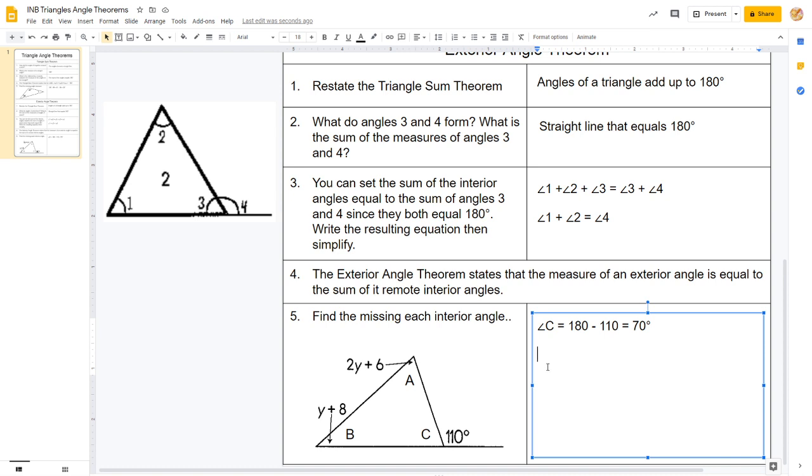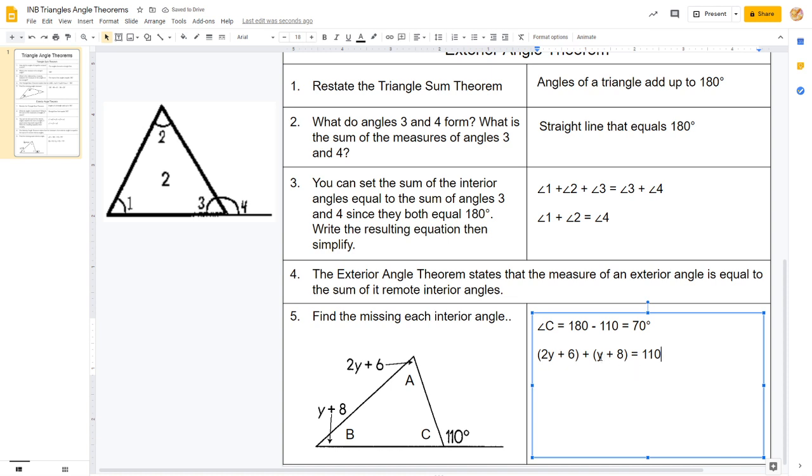So for angle 1, I have 2y plus 6. Then we have to add. For my second angle, I have y plus 8. And then for angle 4, I have 110.